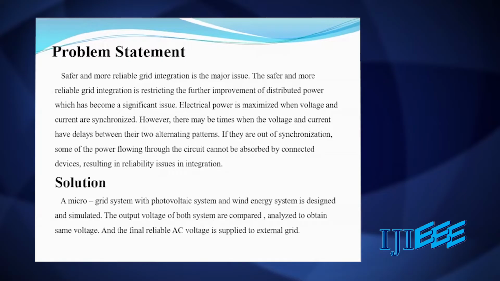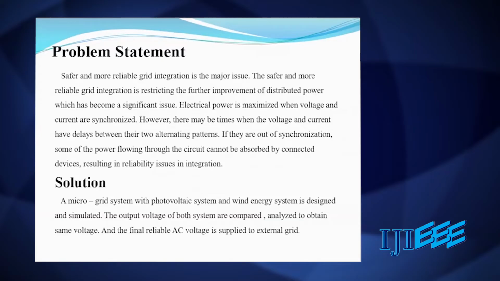However, there may be times when voltage and currents have delays between their two alternating patterns. If they are out of synchronization, some of the power flowing through the circuit cannot be absorbed by connected devices, resulting in reliability issues in integration.